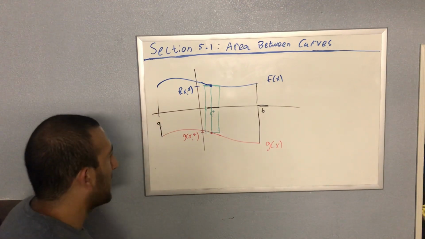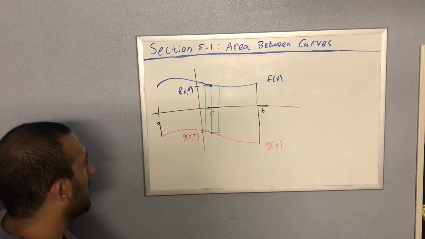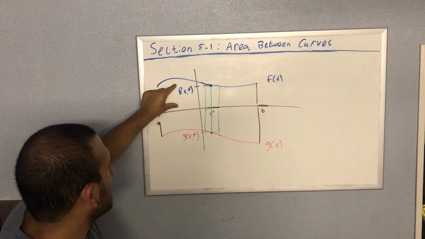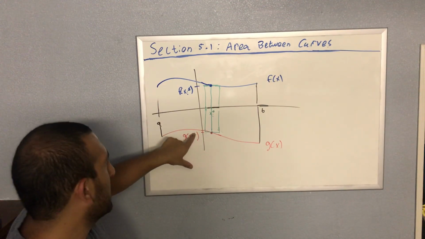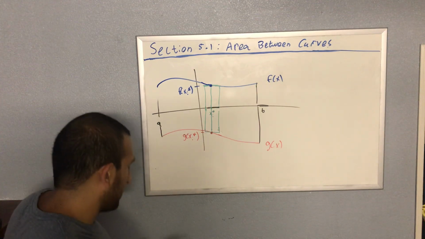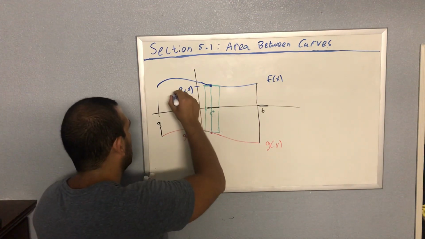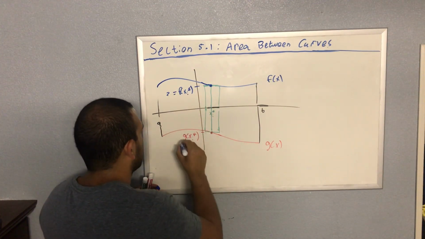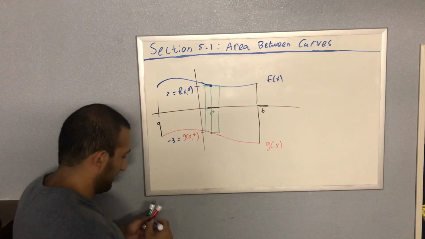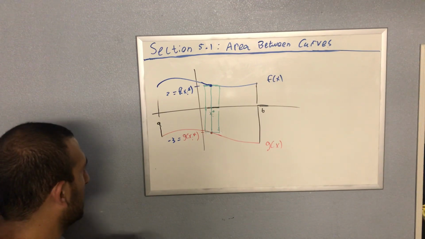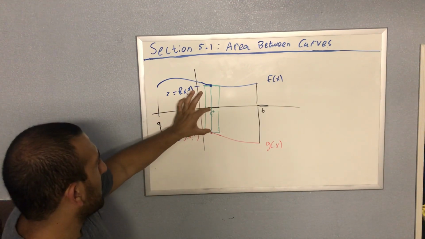Okay, so then what is the height of this rectangle? Well, it's this guy minus that, right? Because this is an inherently negative number. So if this is, for example, 2, and this is negative 3, so this is 3 and that's 2.